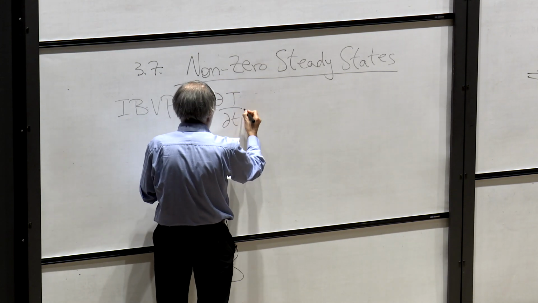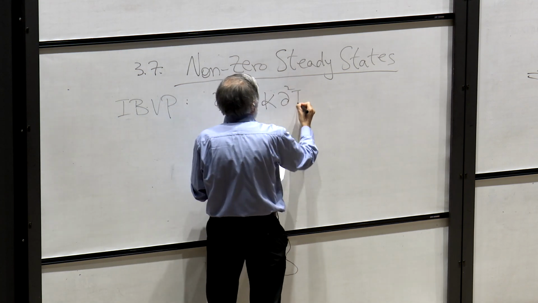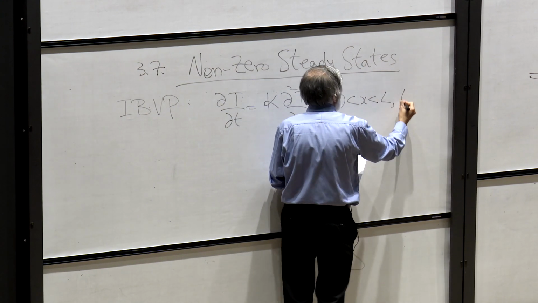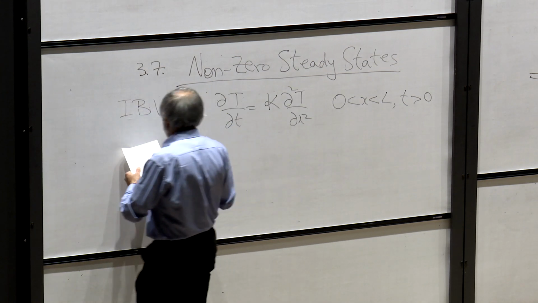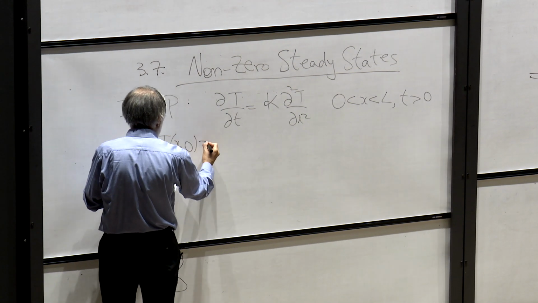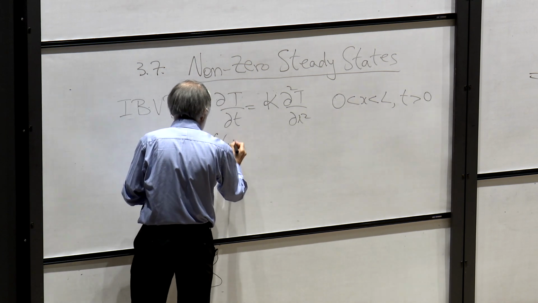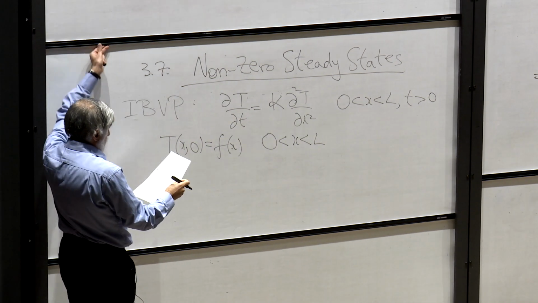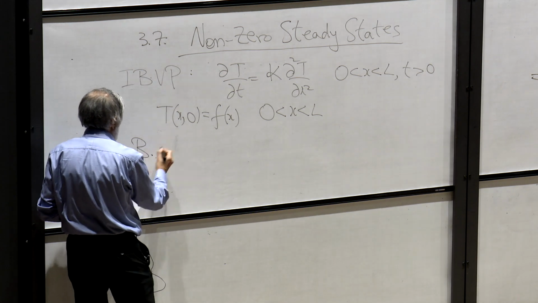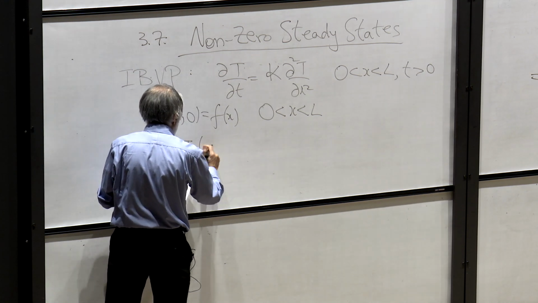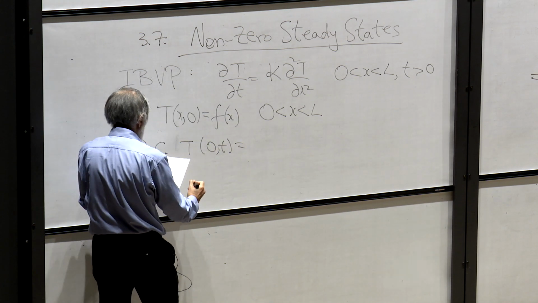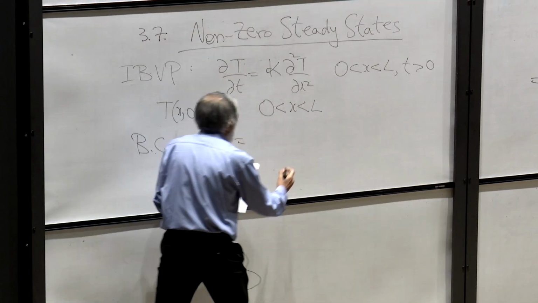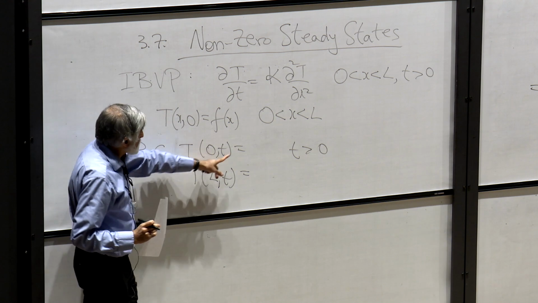dT by dt equals kappa d2T by dx squared, and initial condition or initial value. Okay, so that's identical to what we've had before, and then we've had boundary condition T of 0,t equals T of L,t equals 0 for t bigger than 0, and normally we've put 0 in here.